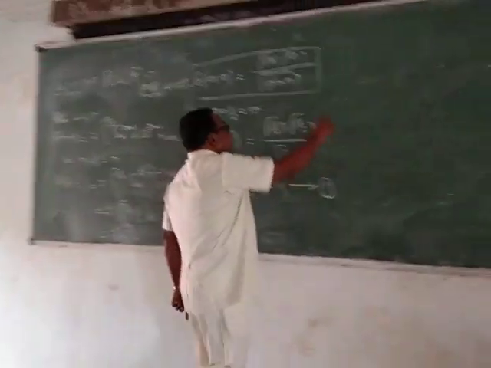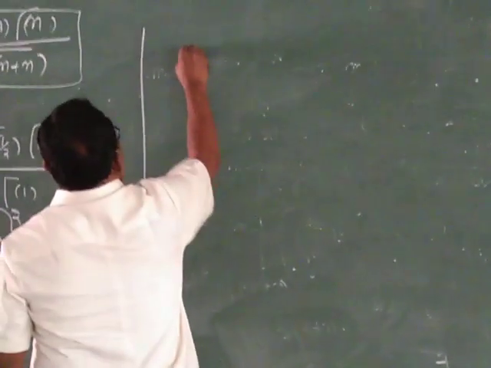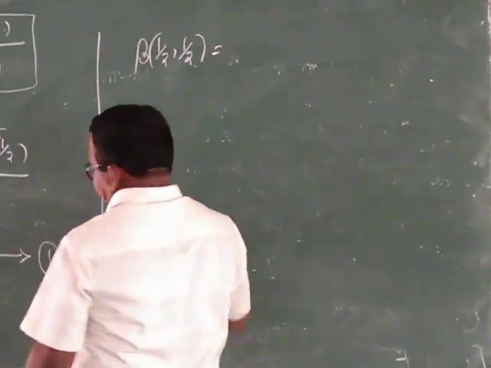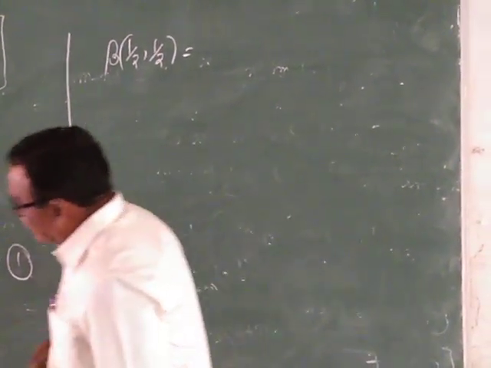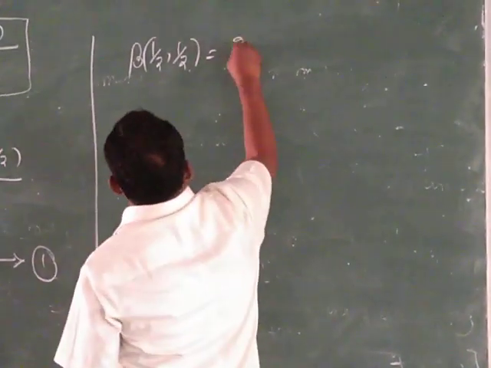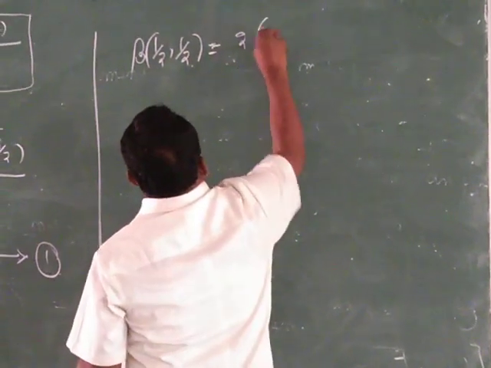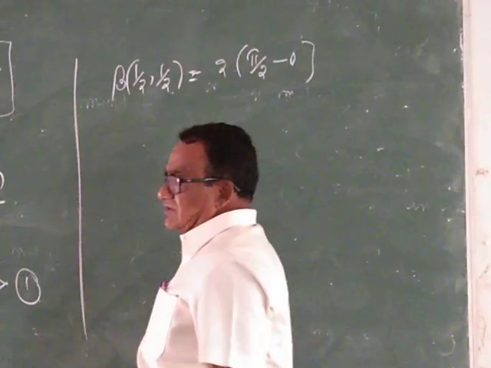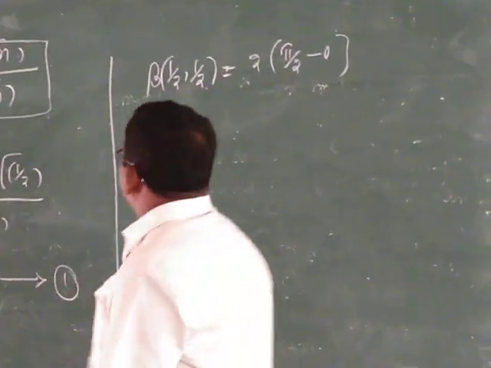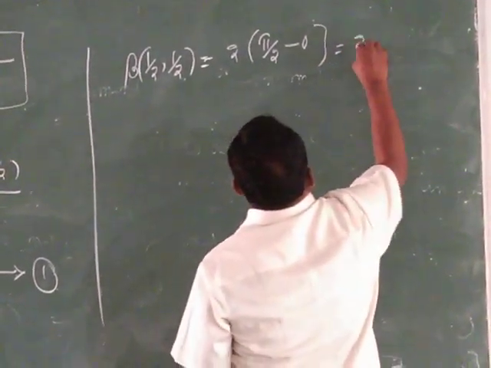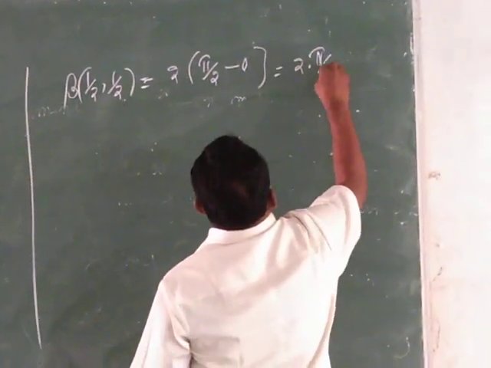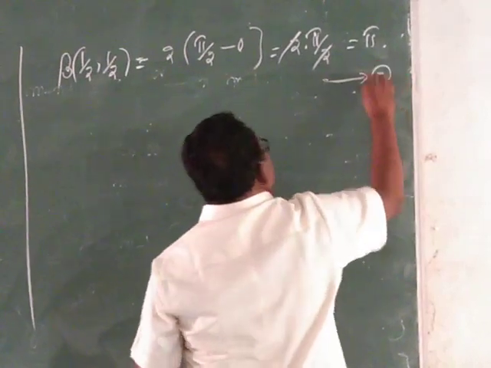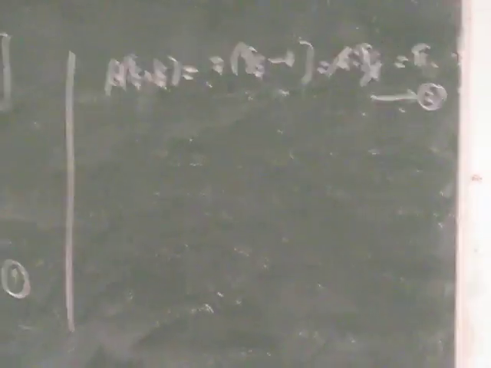If I substitute the limits, we get beta half comma half is equal to 2 into pi by 2 minus 0, which is 2 into pi by 2. This 2 cancels, and it is equal to pi. Call this result number 2.